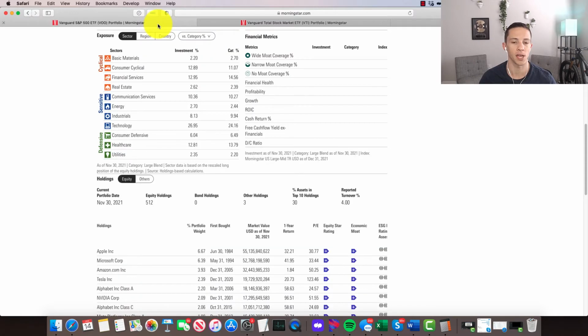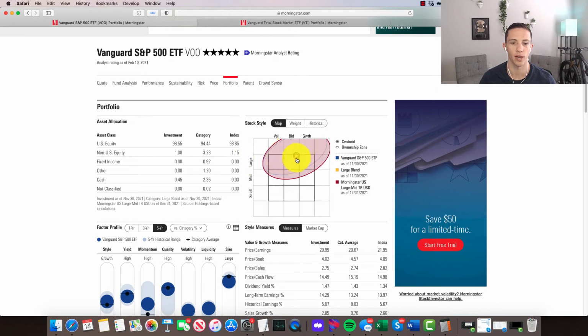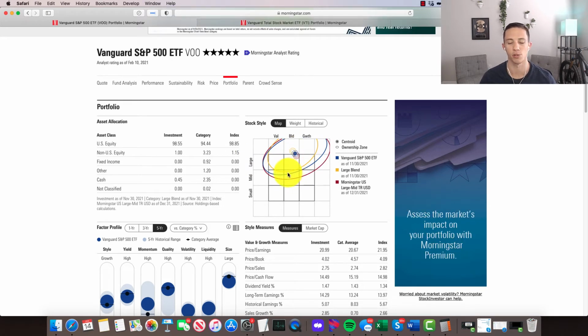If we go to the S&P 500, we'll notice on this chart, it's pretty much up here in the large cap, kind of has some exposure to mid caps as well, but most of its exposure is to large caps. Naturally, the S&P 500 is a large cap index, so it probably doesn't hold any small cap stocks, and it doesn't really hold many mid-cap stocks. I think the S&P 500 does hold some stocks that have a market cap of $1 billion or $1.5 billion.